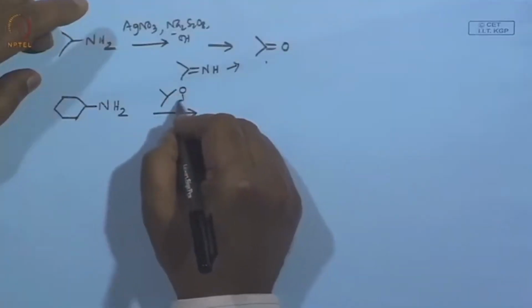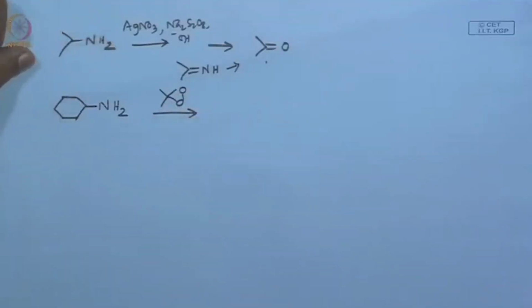So, if you mix it with acetone, it gives you a nice product which could be distilled, but it is not commercially available. Whenever it is required, you can make it in the lab, and this is nothing but again a heterocycle. What is it?